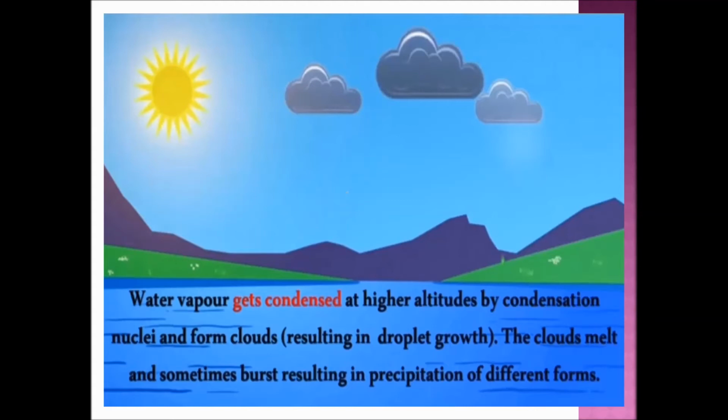The clouds melt and sometimes burst, resulting in precipitation of different forms. Different forms in the sense it may come as rain or it may come as snow, mist or fog. These are all the different forms of precipitation.